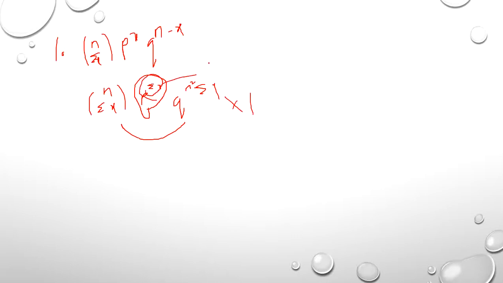Okay, if you see the Poisson distribution, e power minus n lambda, lambda power summation xi, divided by the product from i equal to 1 to n of xi factorial.